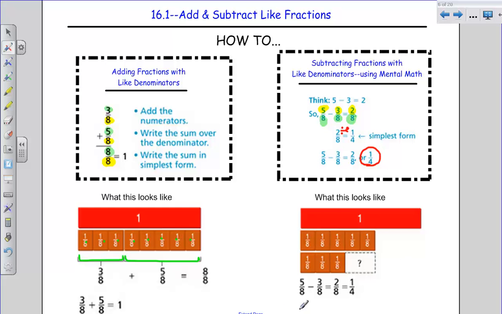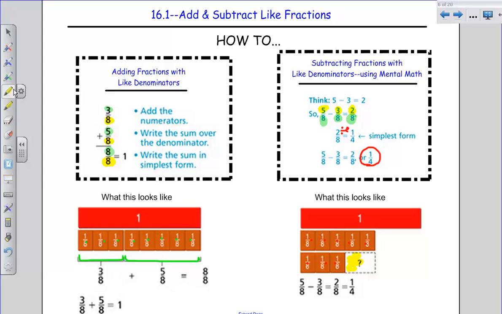Again, what is that going to look like if I'm making a model? Well, I'm starting with 1, 2, 3, 4, 5/8, and I'm going to be subtracting 3/8. 1, 2, 3. So how many tiles am I missing?